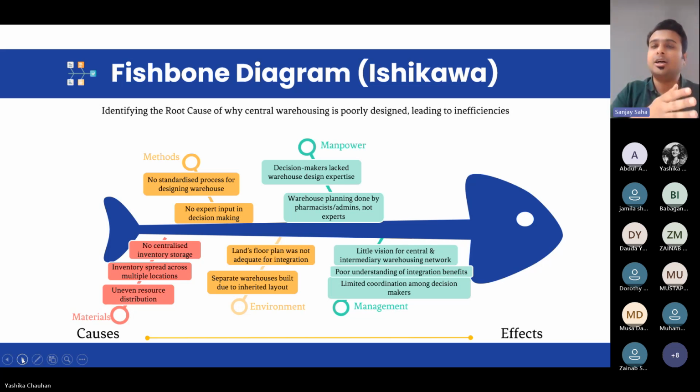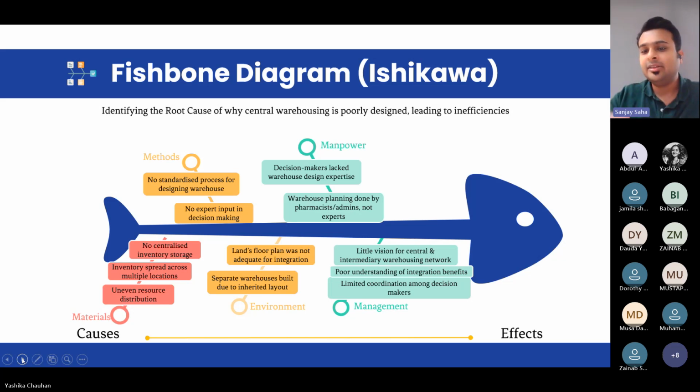So they built one warehouse, then they realized, okay, we have more funds, then they created another one, then another one. Instead, let's plan a full warehouse design first, and then as and when funds are available, we keep on expanding the same warehouse rather than creating multiple ones. Also, it could be no centralized inventory storage, uneven resource distribution, and so on and so forth.